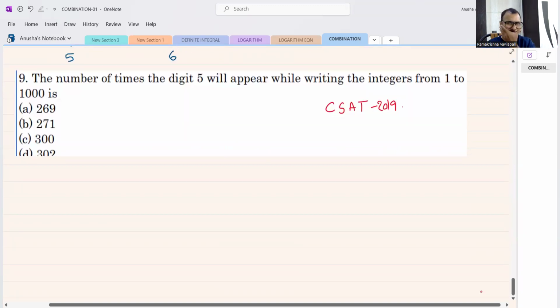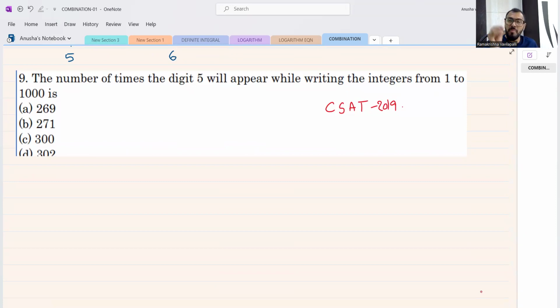We don't list out all the numbers, it is very difficult. How many times the digit 5 will appear when we are writing integers from 1 to 1000. If you write all the numbers from 1 to 1000, you have to count how many times 5 will appear in that list.